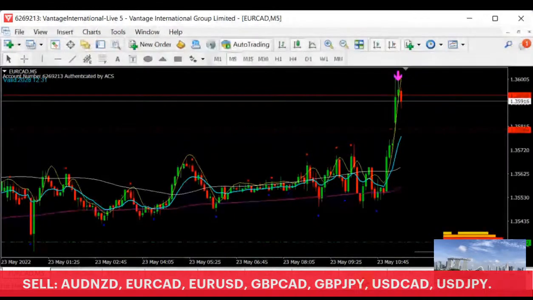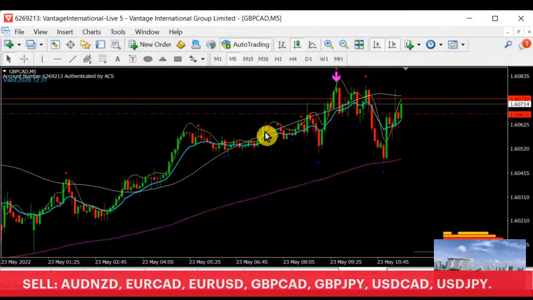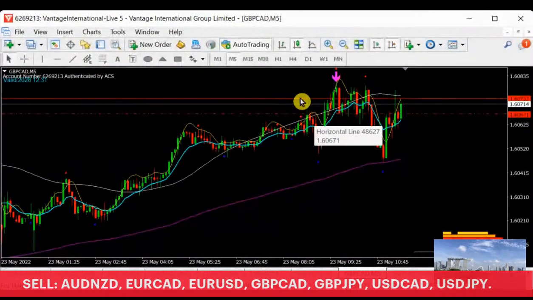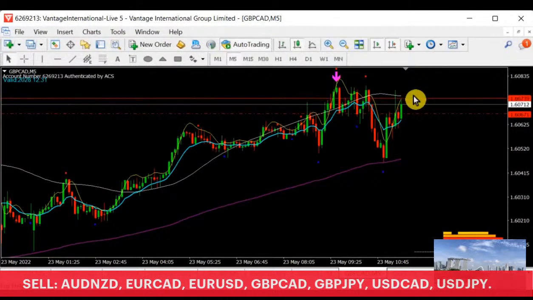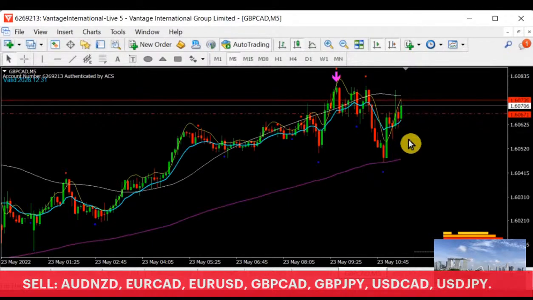So let's go for pound CAD. Pound CAD over here, supporting chart. As you can see, it's moving towards the white line. This is a moving resistance, and it's near the white line and started to slow down. Is this a good time if we later have another selling? Yes, it can be.